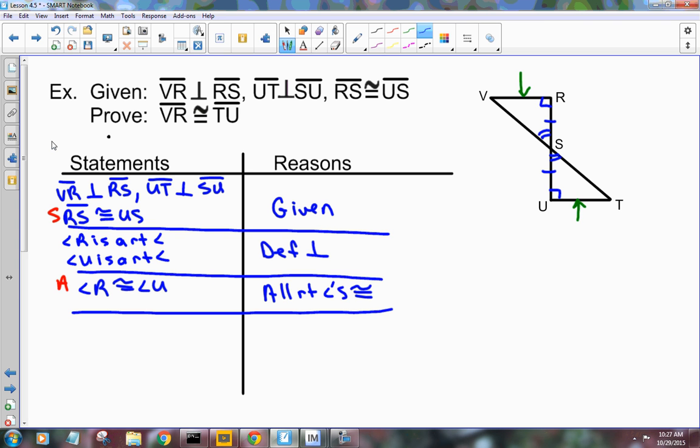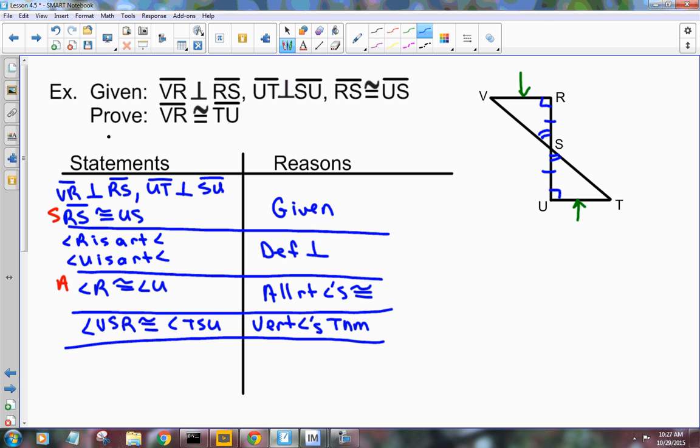So we want to state those congruent. So if I said angle VSR is congruent to, how would I state the other angle? VSR, it would have to be TSU. Angle TSU, and that's the vertical angles theorem.